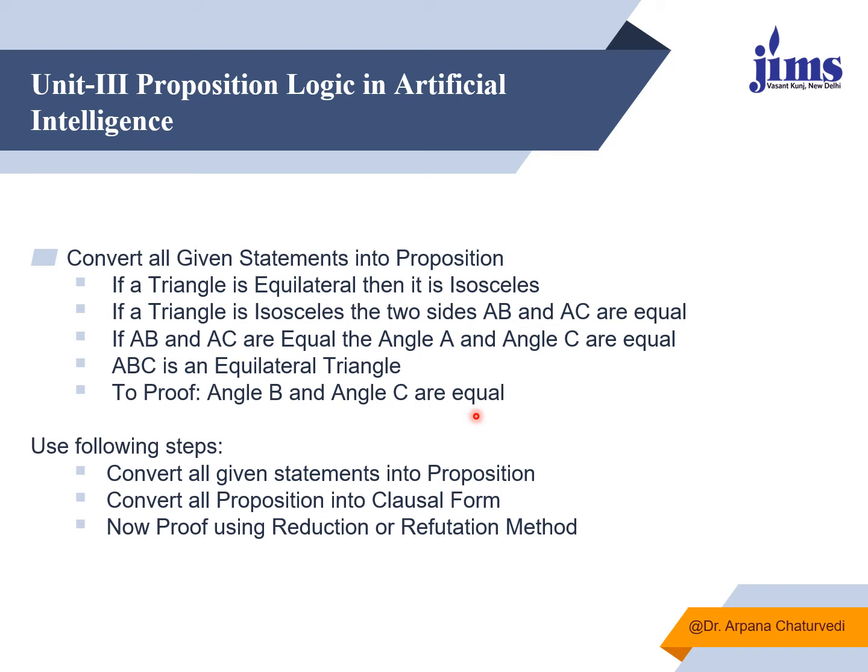You have to suppose angle B is not equal to angle C. And after resolving all the given predicates using resolvents, if at the end we are left with a null statement, we say that whatever we have supposed was contradicted. It means the opposite of whatever we have supposed is correct, and we can prove that the given statement is correct.